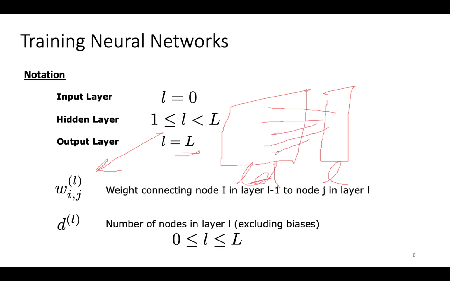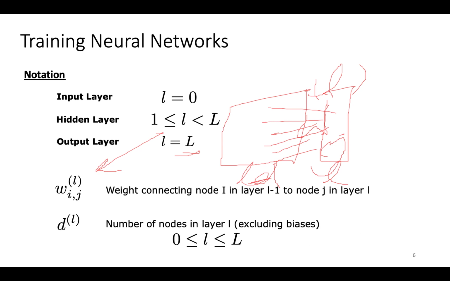All the nodes coming in with their specific weights, we can define as Wij of l. Just like that, we can define the number of nodes in that specific layer, excluding the biases, with d of l here.